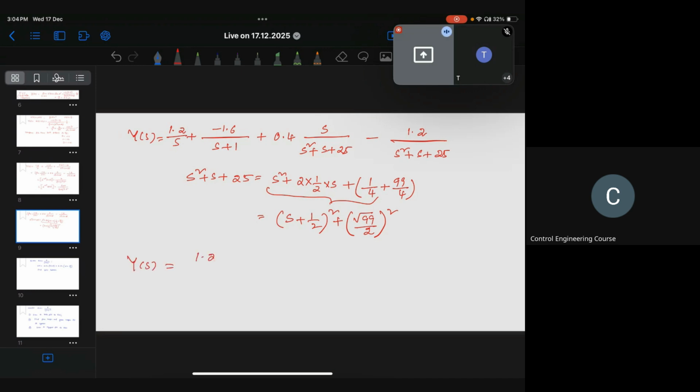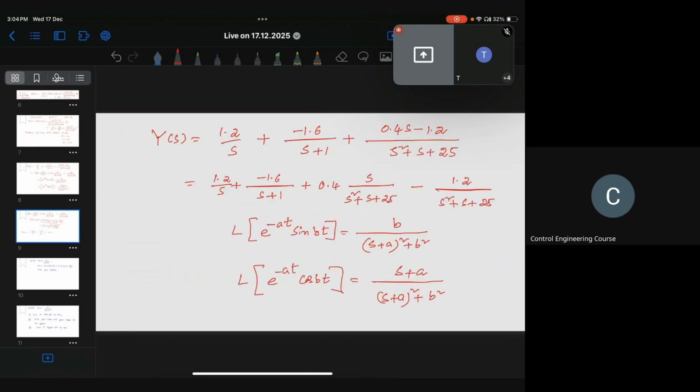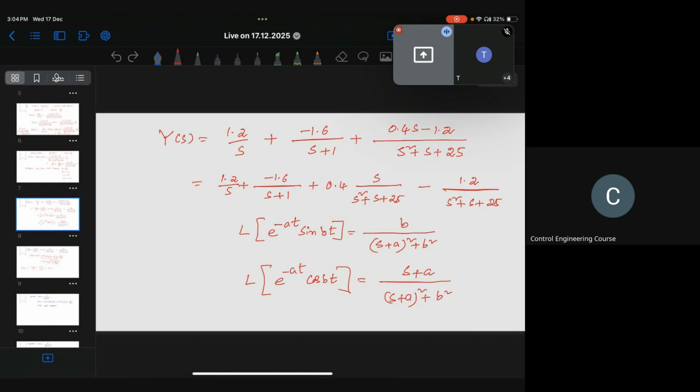1 by 2 by s plus minus 1.6 by s plus 1 plus 0.4. Here again we have s, but if you see this, we need to have s plus a. What is a here?